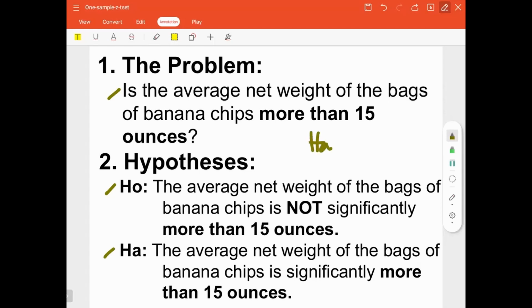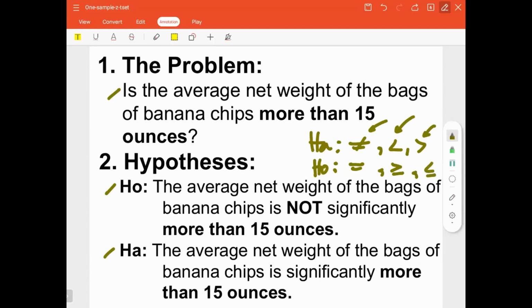The HA can be not equal to, less than, or greater than. And the corresponding HO would be what? The negation. Of course, not equal to will be equal. If it is not the case that it is less than, then of course it must be greater than or equal to. And the counterpart of this greater than symbol, of course, will be less than or equal to, right?